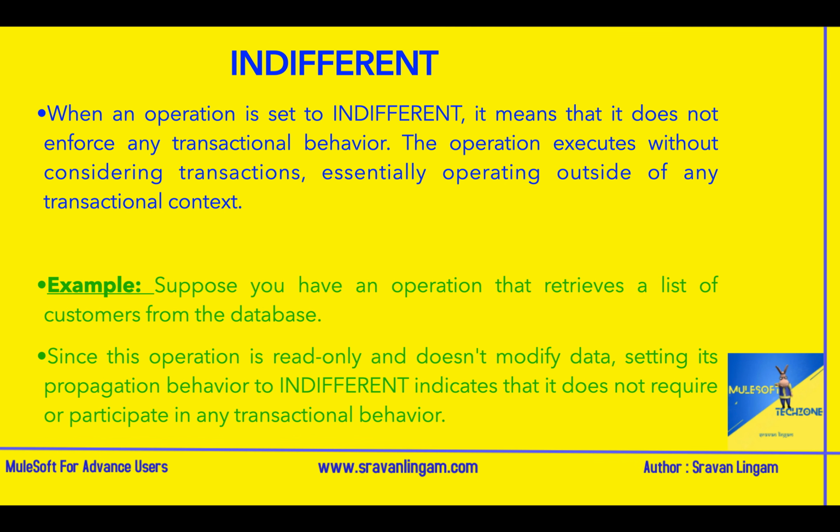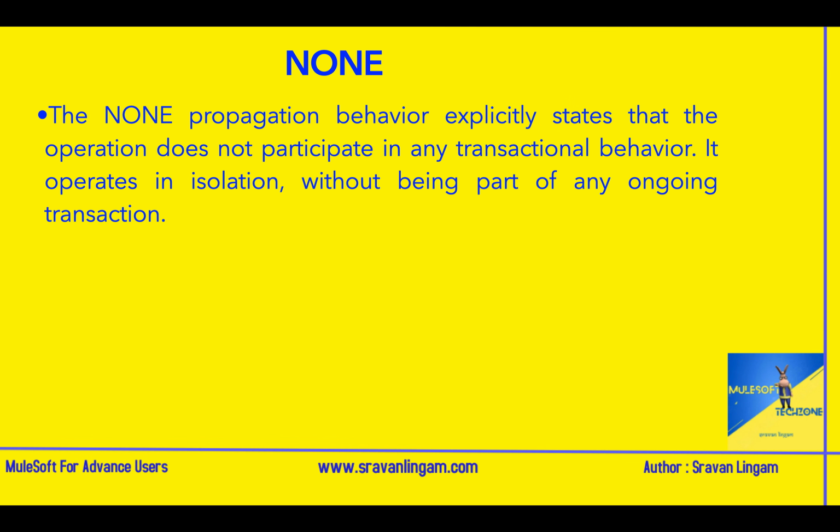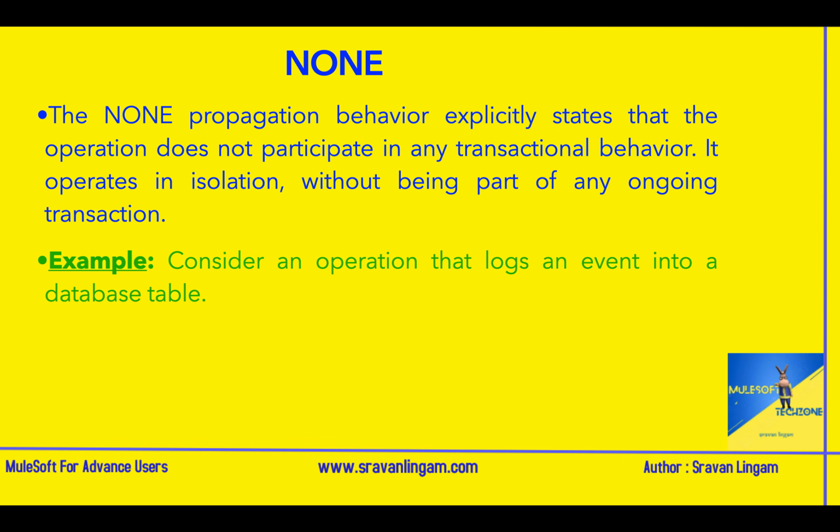type, None. As the name itself says, it explicitly states that the operation does not participate in any transactional behavior, and it operates in isolation without even being part of any ongoing transaction. Example, your logging. Consider an option that logs an event into a database table.